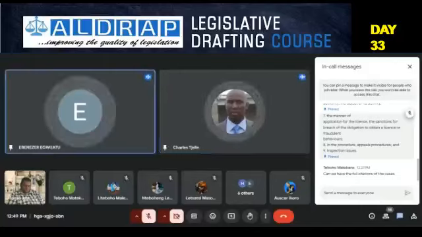The other day, I sent us snapshots of our Administration of Criminal Justice Act 2015, showing that they got the commencement part of the preliminary provision right, but they mistakenly put in a purpose clause.